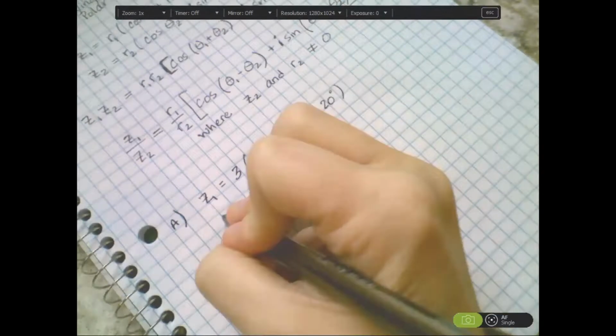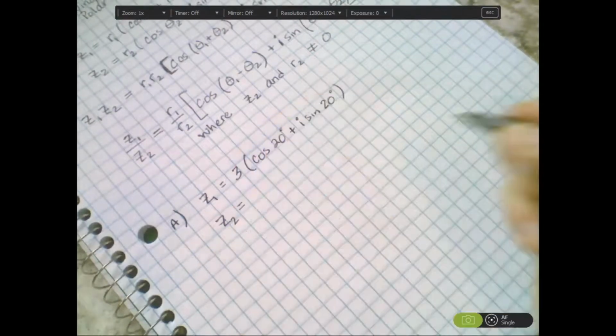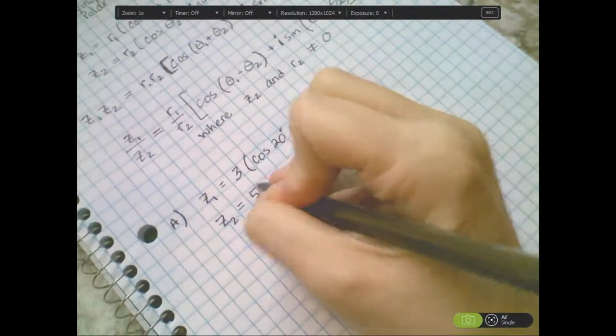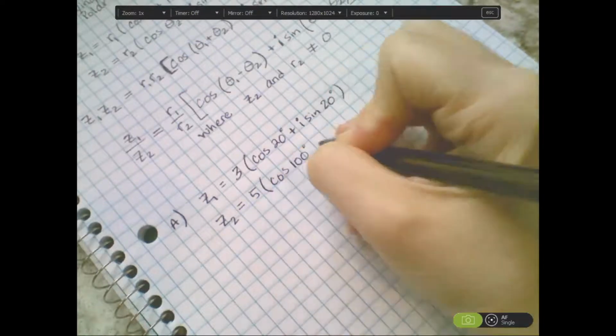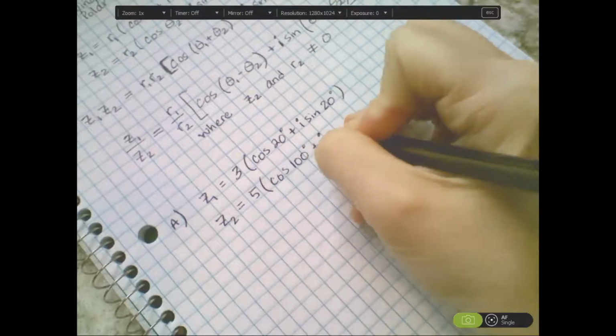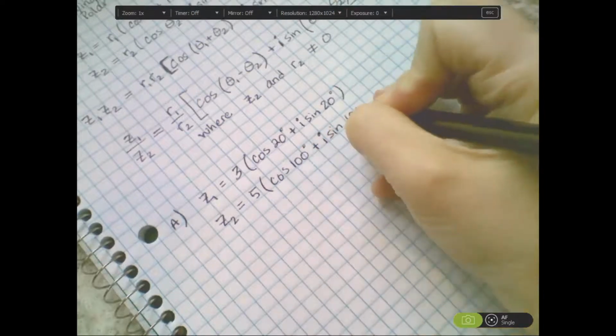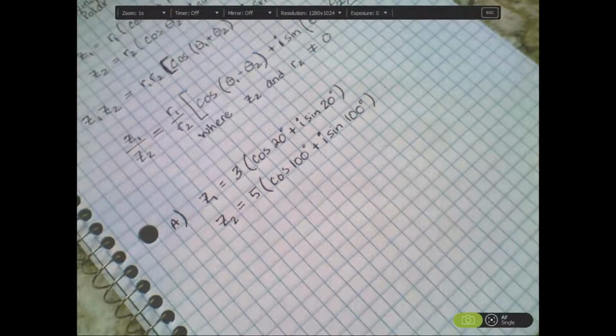And then my second number is 5 cosine 100 and I sine 100. And we're going to use these for both multiplying and dividing.